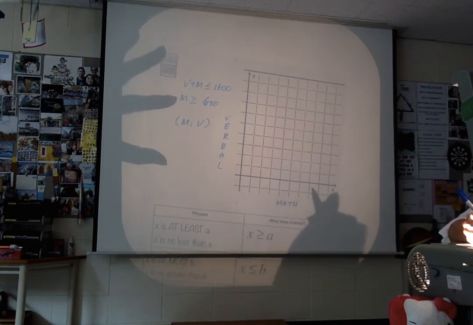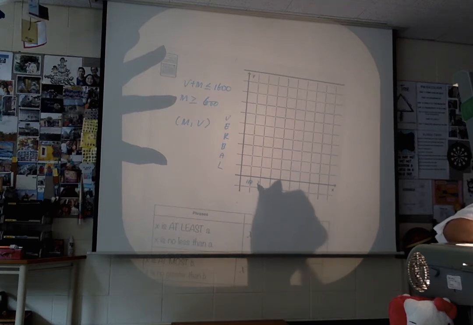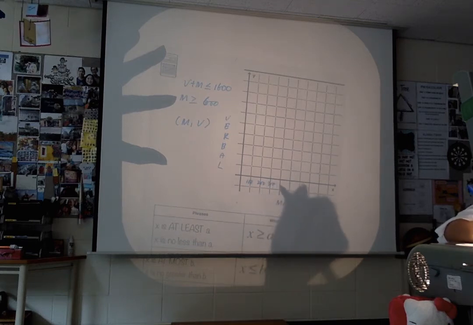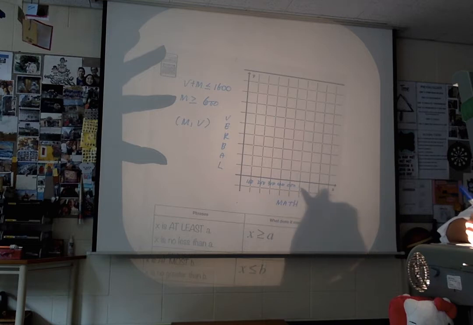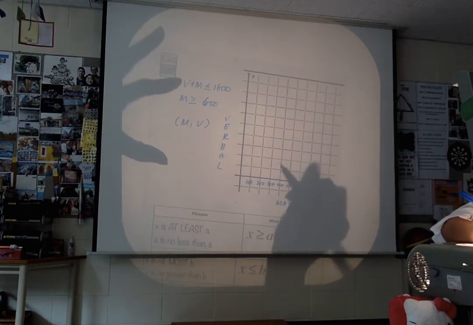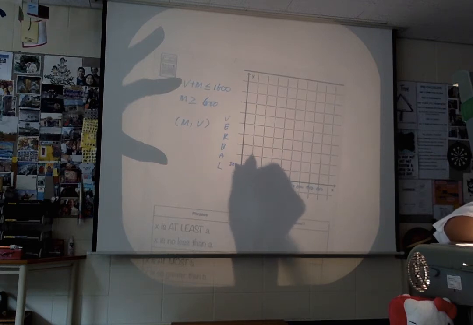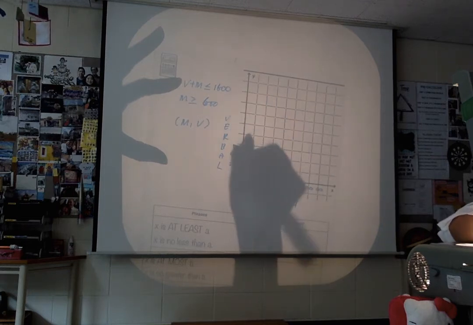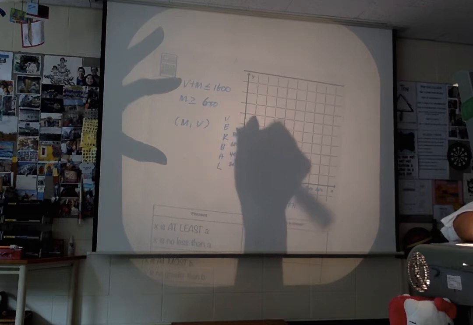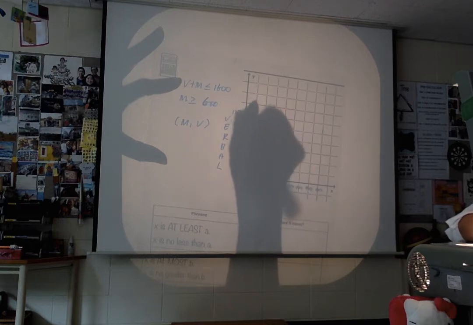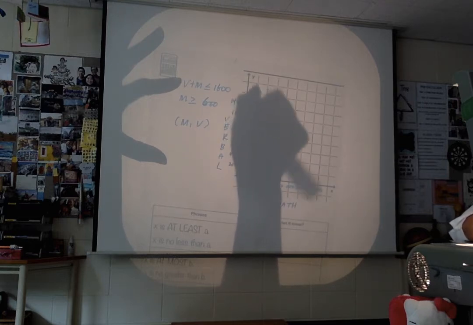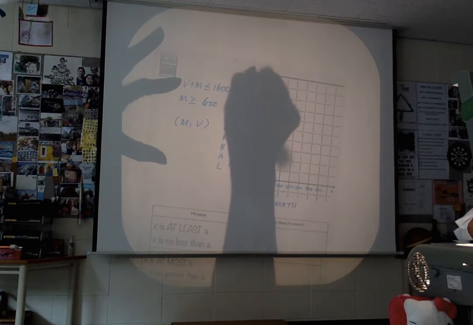Math has to be 600, so I'm going to go 100, 200, 300, 400, 500, 600, 700, 800. For the other axis I'll go by 200, because I know I don't have enough space. 600, 800, 1,000, 1,200, 1,400, 1,600, 1,800, all right?